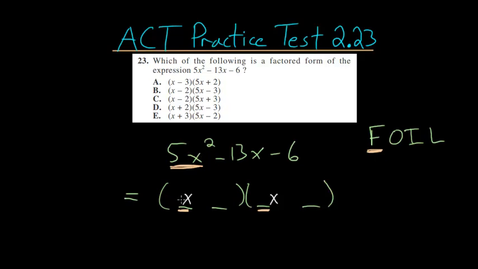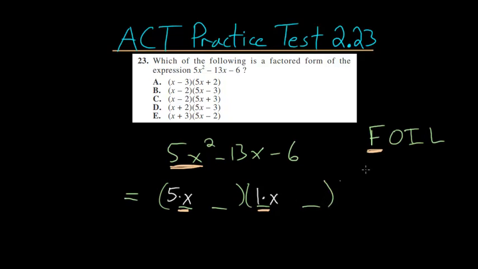Now, what two numbers multiplied together can give us 5? Since 5 is prime, there's only one way to get 5 by multiplying two numbers, and that is multiplying the numbers 5 and 1 together. So we know that we at least start with 5x and 1x in these two binomials.